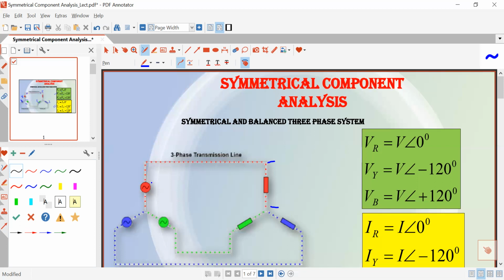Here you can see, if this is phase R, and this one is phase Y, and this one is phase B. Here R is for red, Y for yellow, and B for blue.